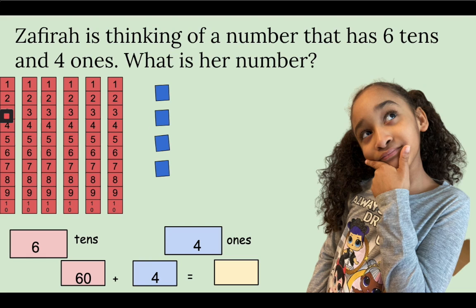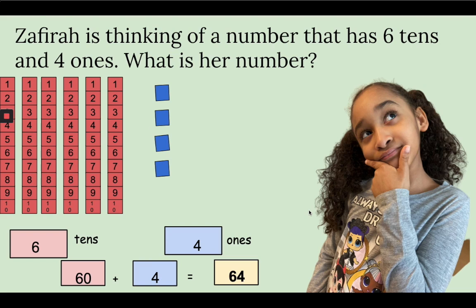What is 60 plus 4? 64. And remember, another way to remember this is the 6 in 64 matches the 6 in the tens place, and the 4 matches the 4 in the ones place. 60 plus 4 is 64. So 64 is the number Zafira is thinking of.